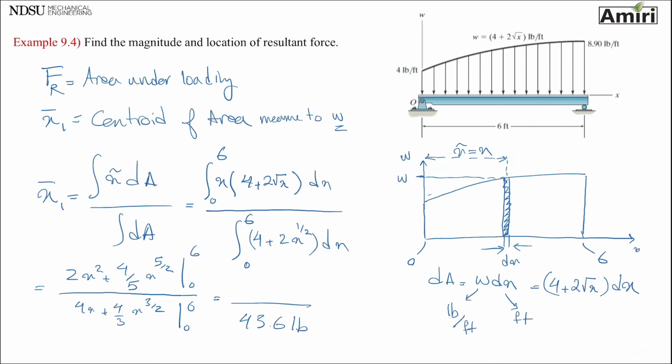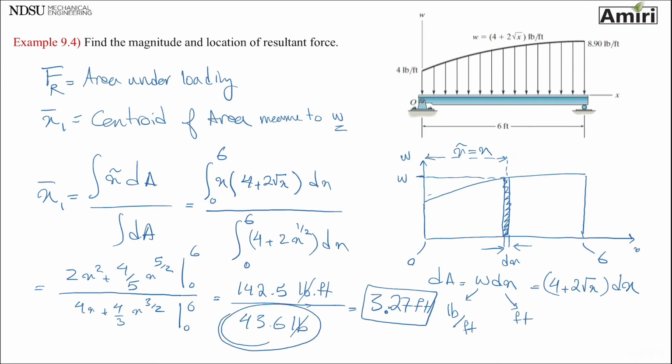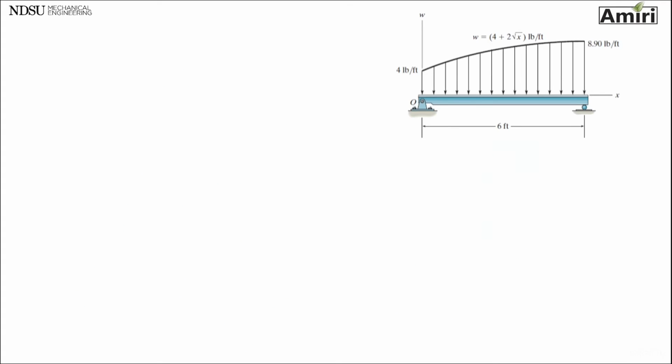On top, you're going to get 142.5 pound foot. So the centroid is going to be 3.27 foot. So we found the centroid, but we also found the area. That was part of it.